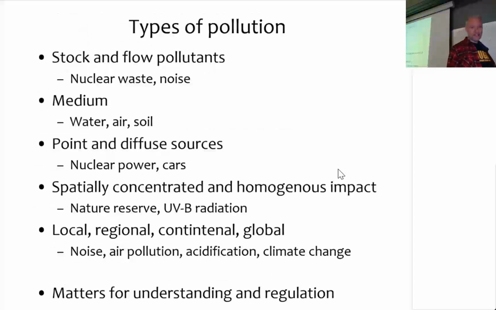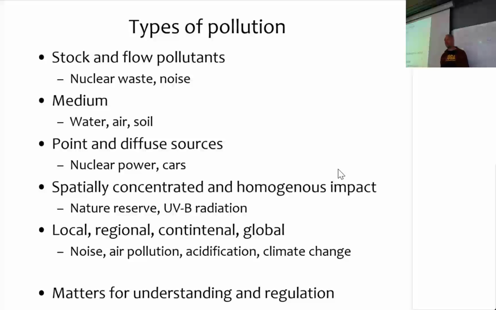In all this, it is very important that you know what you're doing, that there's different kinds of regulation with different kinds of pollution, and that means that your regulation would need to match the type of pollution you're dealing with. If you're dealing with a stock pollutant, like nuclear waste, you would go about it differently than if you're dealing with a flow pollution, like noise.